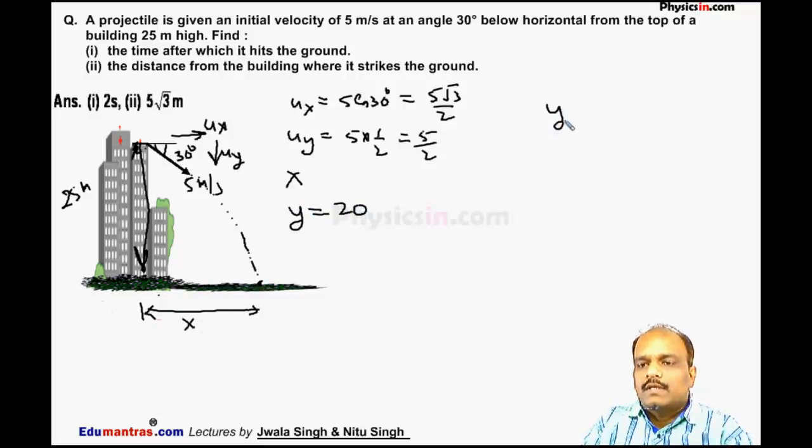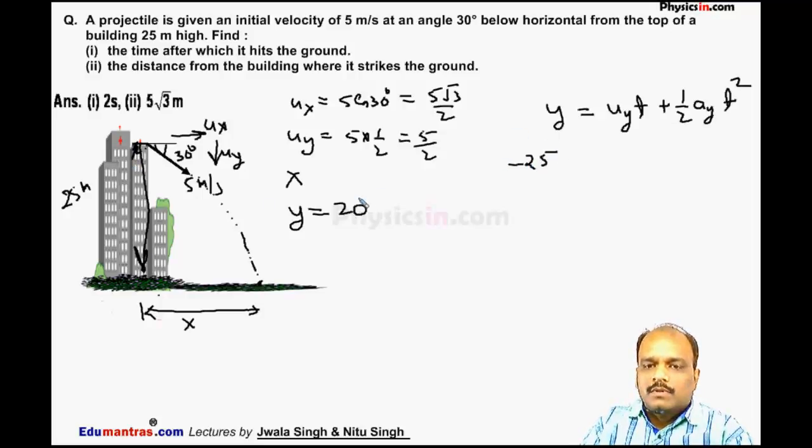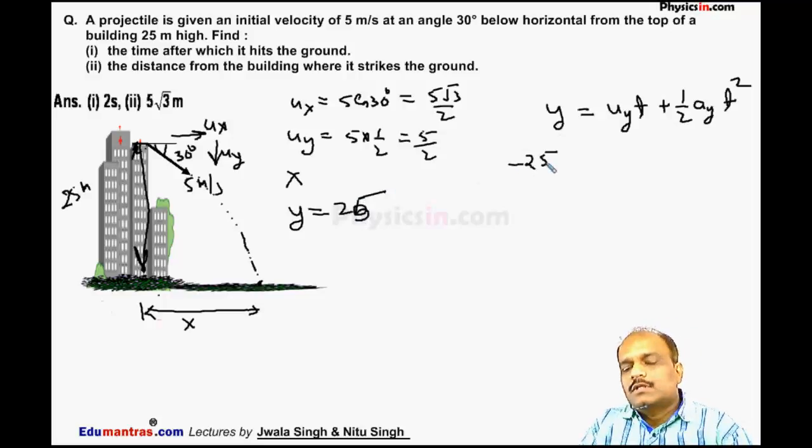So we know y is equal to uy into t plus 1 by 2 ay into t square. We know the vertical displacement is minus 25.